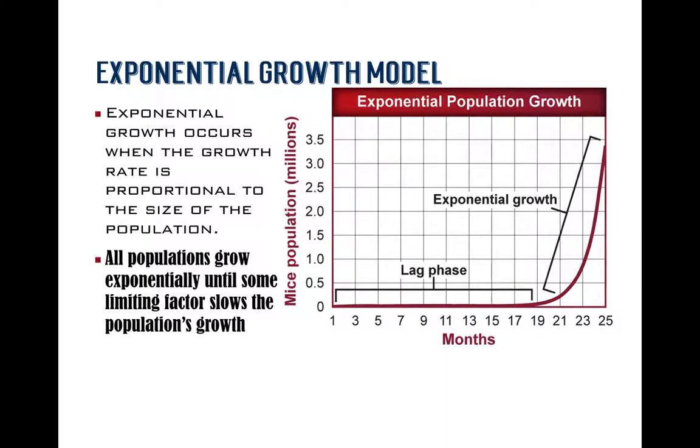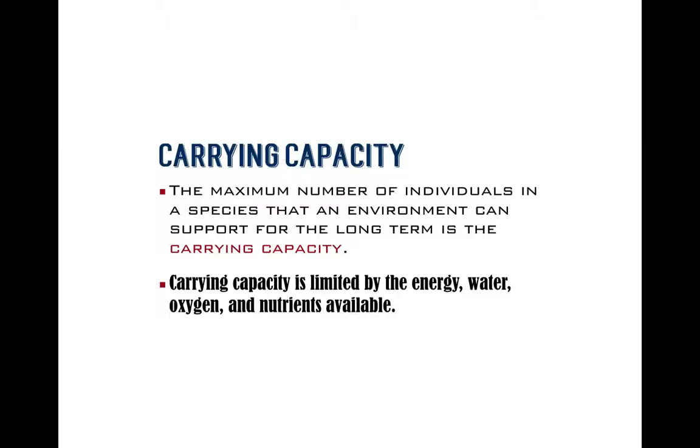Come 20th, 21st month, that generation will continue to have babies, and then those babies will have babies, and then what you have now is an exponential growth pattern. This is growing immensely fast, and this is what happens with mice, where you get mice infestations. You may not have one initially, but then once those second and third generations start to have more mice, then you have an out of control growth rate.